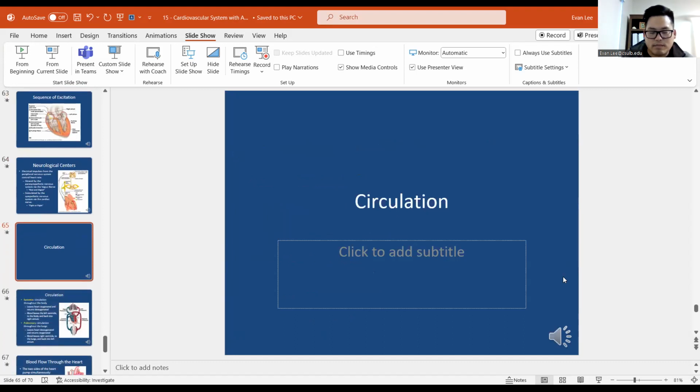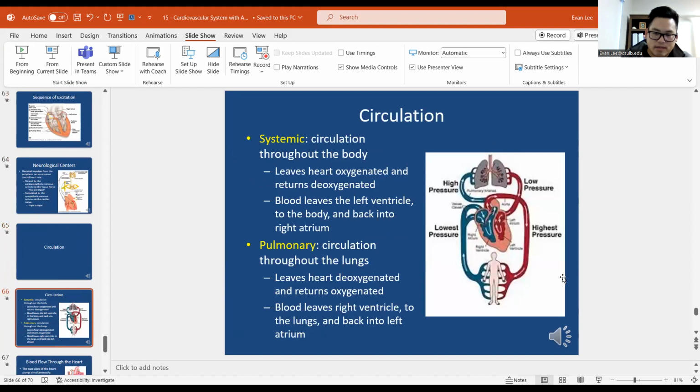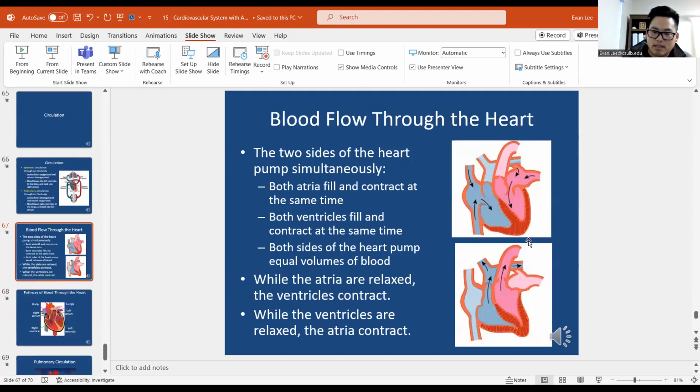Now, circulation is something we've been talking about the whole time, but just as a reminder, you've got your circulatory system going to your lungs and to your body, your systemic and pulmonary circulatory systems, but also keep in mind that there's a certain flow going through the heart and through the blood vessels. So let's remind ourselves of how this works.